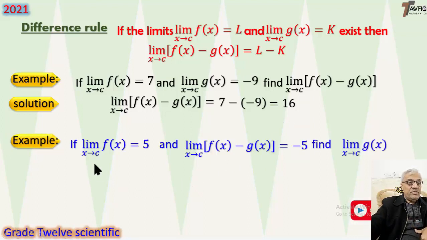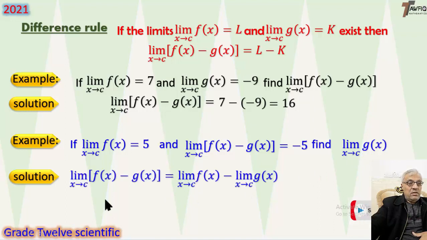Another example, if the limit as x approaches c of f(x) is 5 and the limit as x approaches c of f(x) minus g(x) is minus 5, find the limit as x approaches c of g(x). The limit of f(x) minus g(x) is equal to the limit of f(x) minus the limit of g(x).